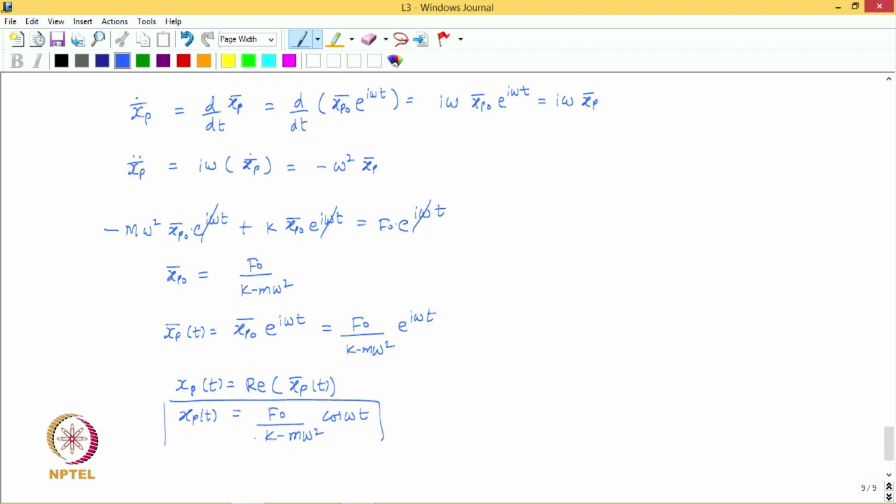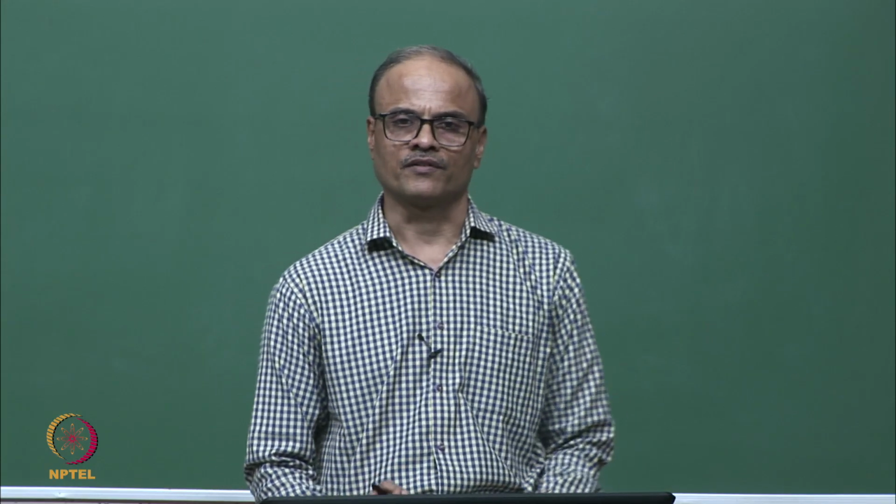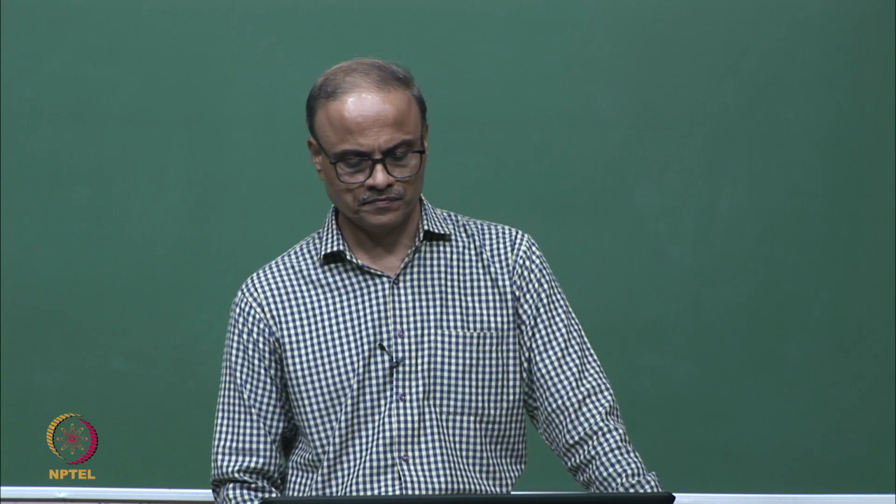And we see that it matches with the expression we got for the particular part of the solution using the direct method. Hence, this shows that this method works, it does give the correct solution.